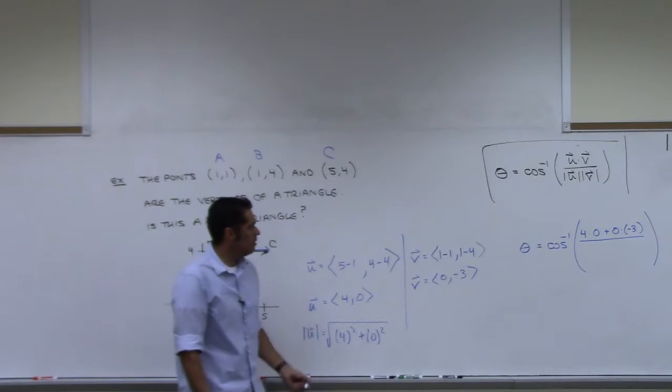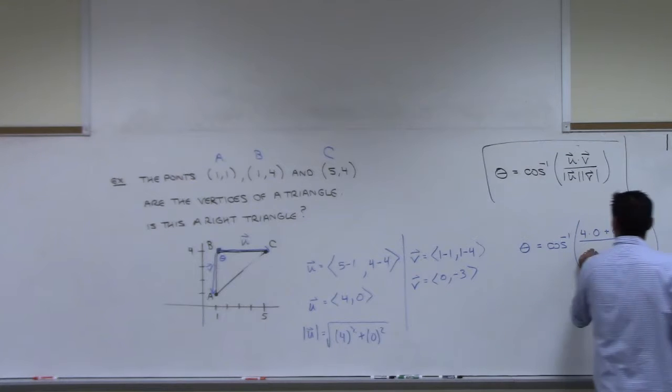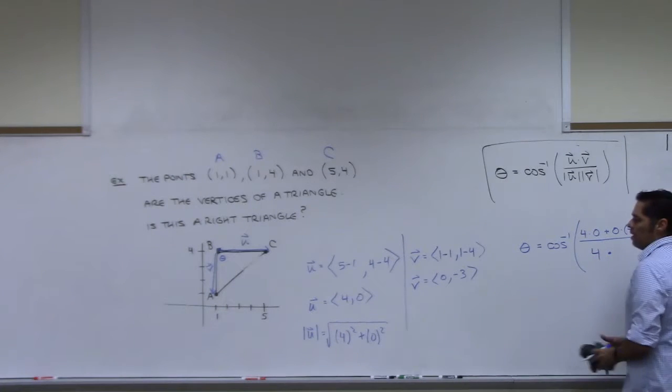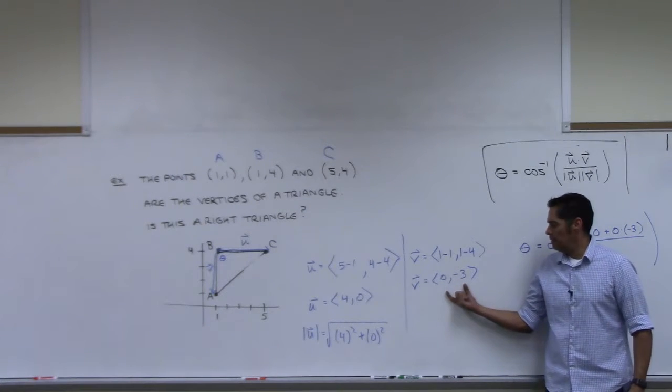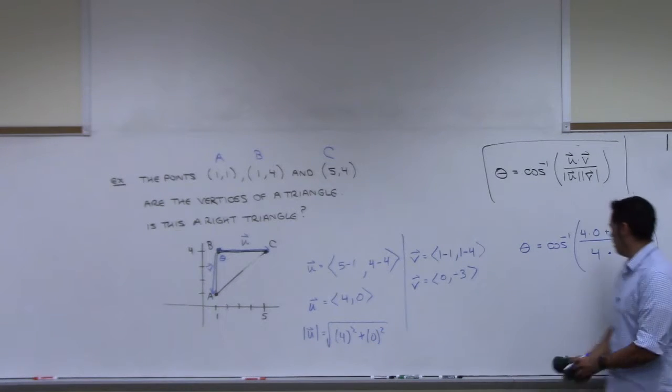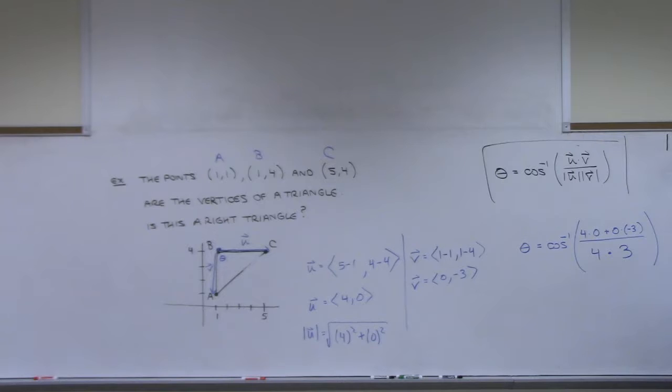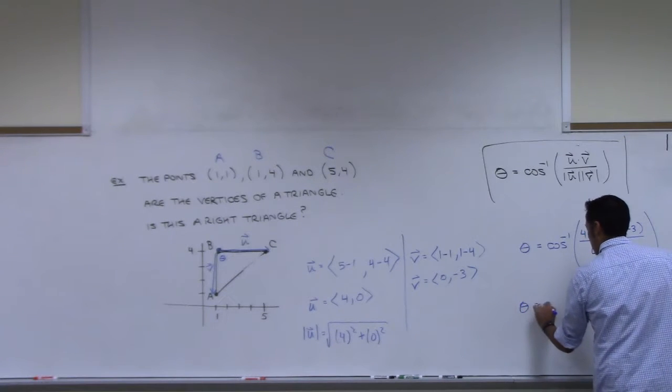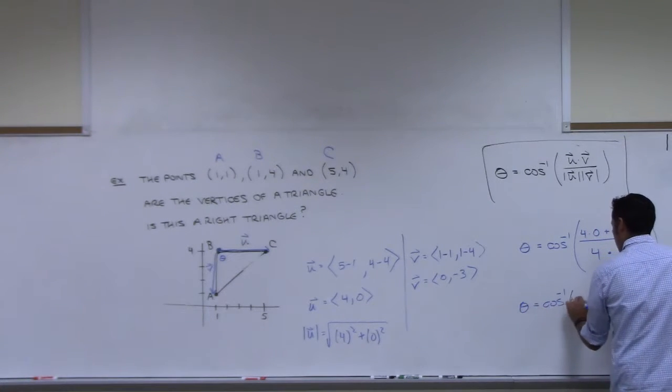So you get 4 here, 4 times, and then what's the length of v? 3. And this down here is 12, but that doesn't matter because 0 divided by 12 is 0. So theta is arc cosine of 0.